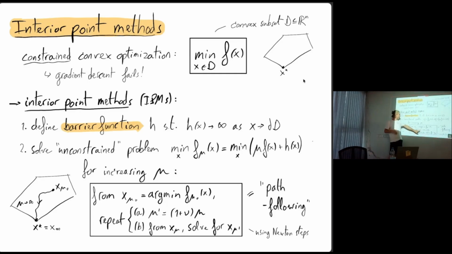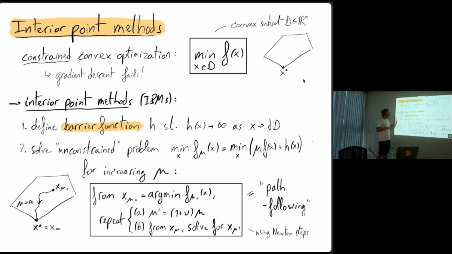By ensuring that your multiplicative updates are not too big, typically of the form 1 + 1 over n, your minimizer won't move too much, and your Newton method works well. So that's the key here.